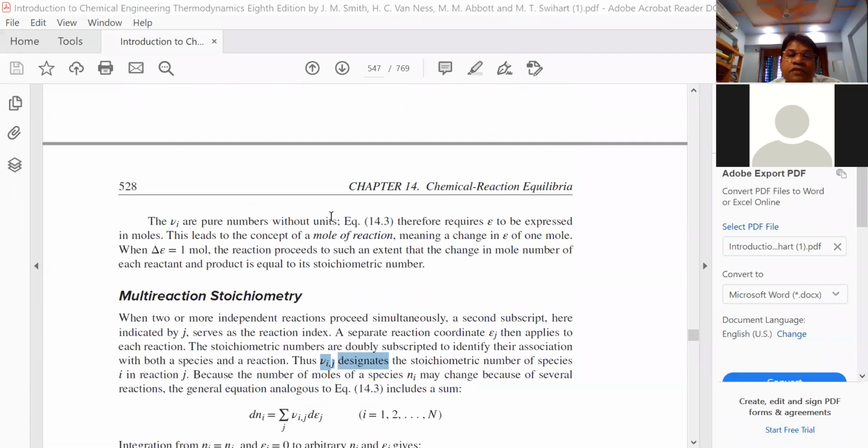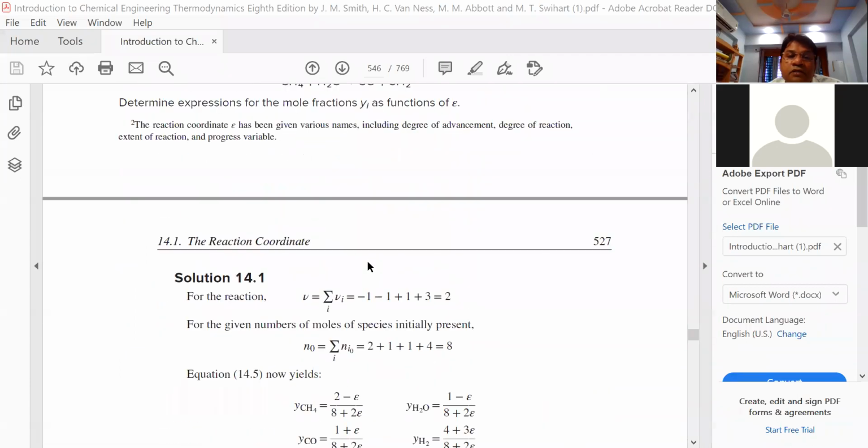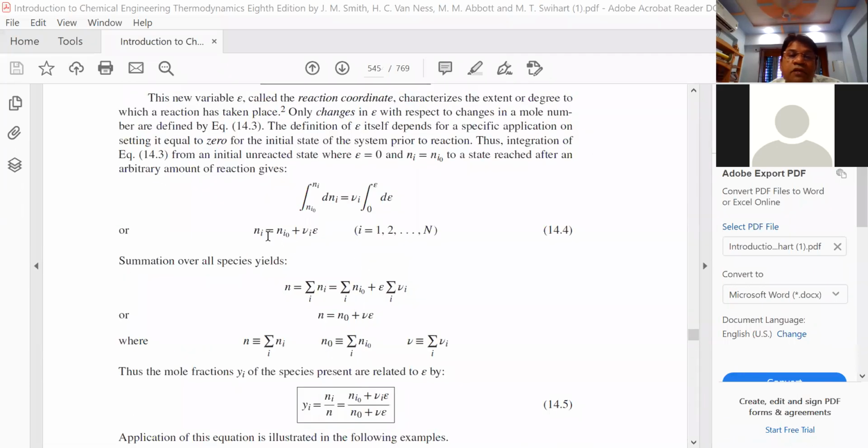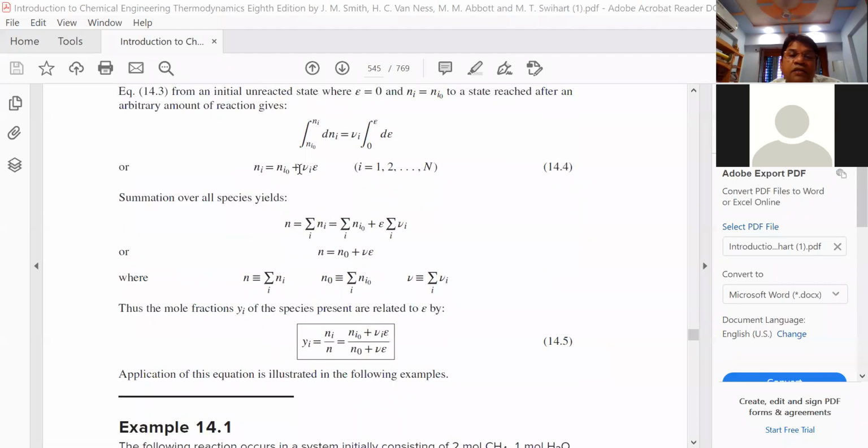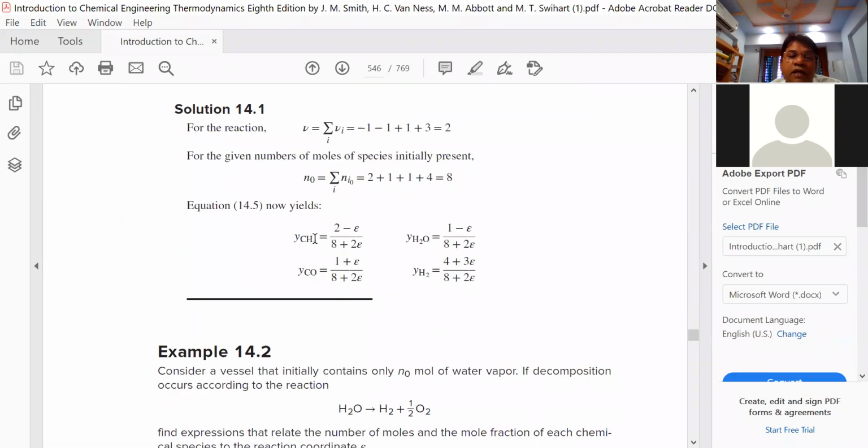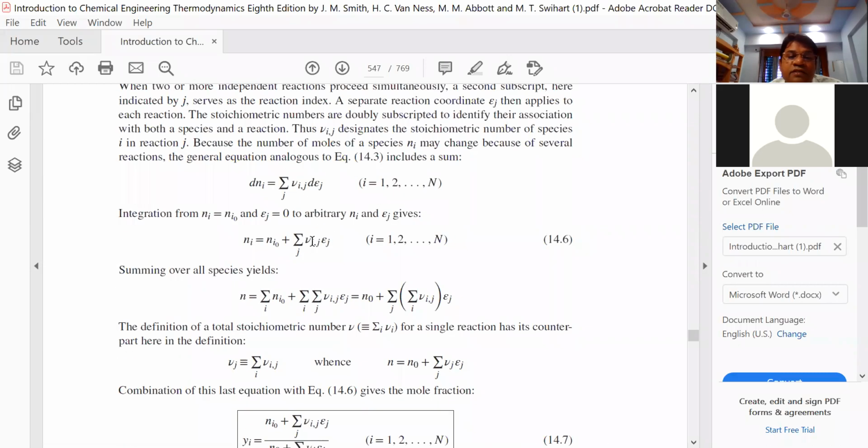If you see your previous example, instead of ν_i for the single reaction, in multiple reactions we write ν_ij. Everything else is the same, just dn_i is the summation over j of ν_ij dε_j. So j is the reaction number.